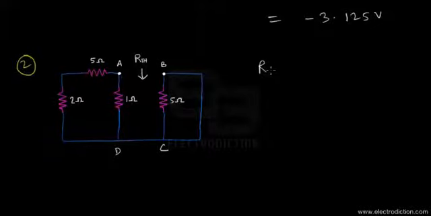So RBC is equal to 0 ohms due to the existence of this shorted path, as you can see over here.